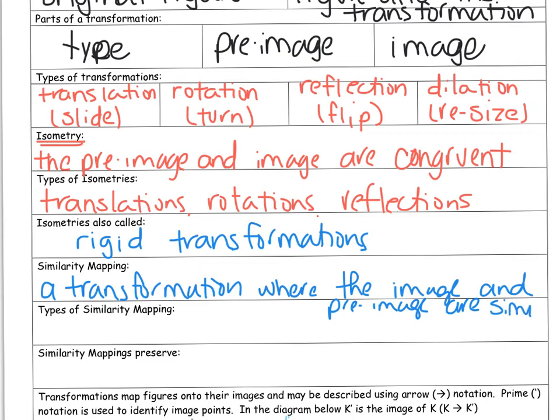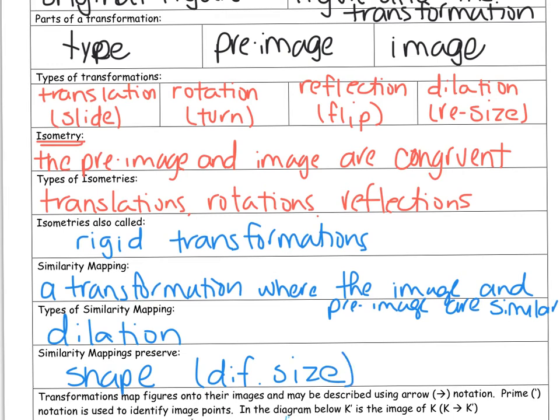That means the shape is the same, but the size is different. And the only one that we're resizing is a dilation. So the type of similarity mapping is a dilation, and similarity mappings only preserve the shape. They will have a different size.